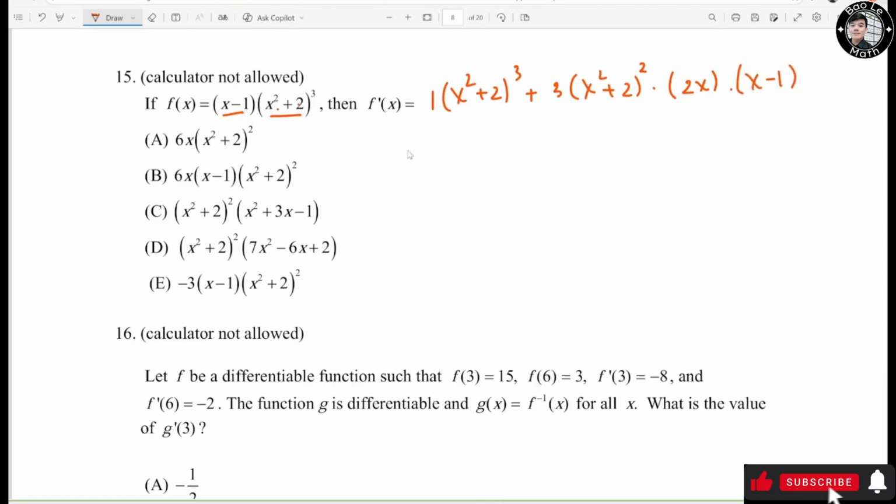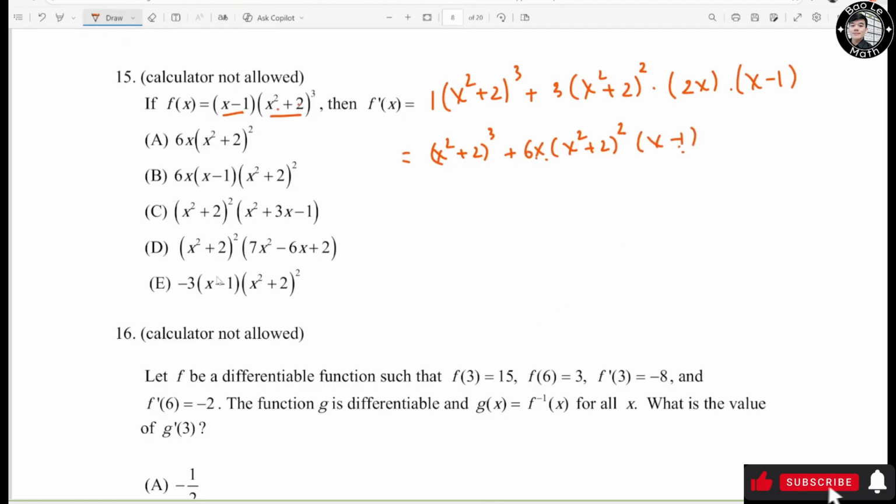Now we're going to simplify this. It's going to be s squared plus 2 cubed plus 3 times s squared plus 2 squared. Now 3 times 2s is going to be 6s times s minus 1.